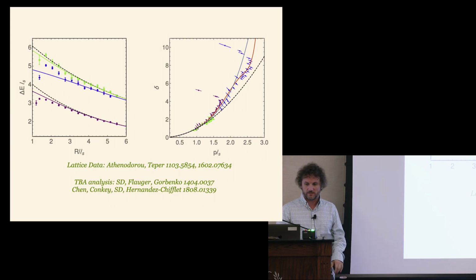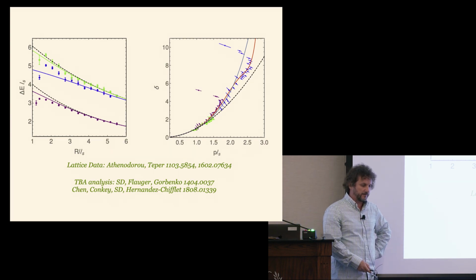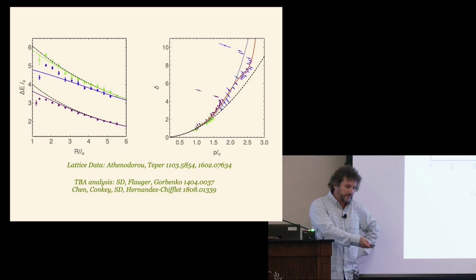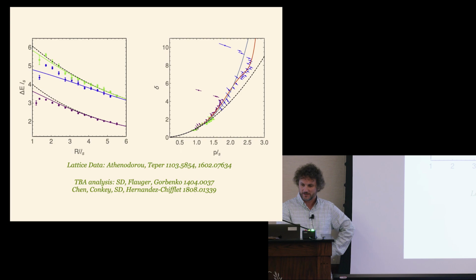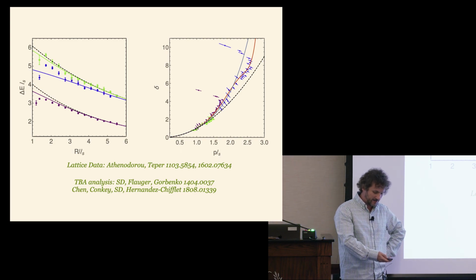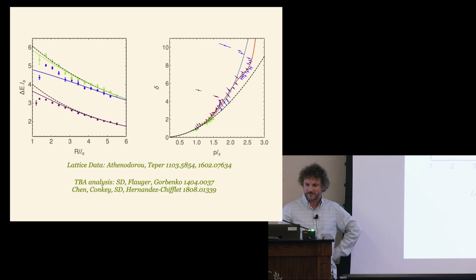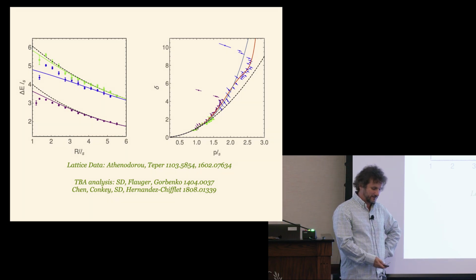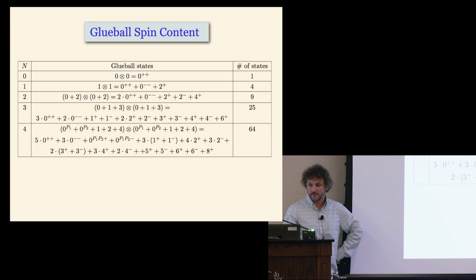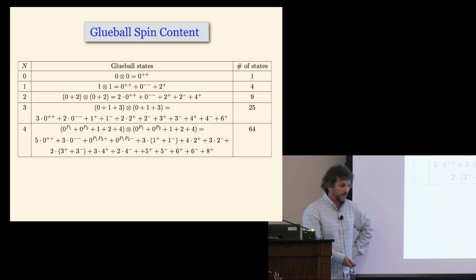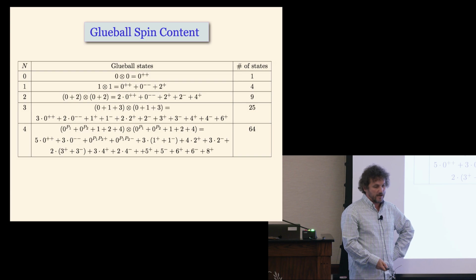And based on these two motivations, we came up with the ansatz, which I'll describe first, and then I'll give you the result and try to convince you that the result is interesting to look at in more detail. So back in that 2016 paper, we came up with the ansatz for the glueball spin content.